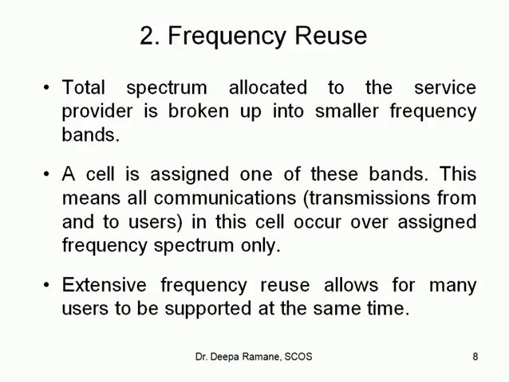Now let us see the second technology, which is called the frequency reuse concept. In this concept, the total spectrum allocated to your service provider is broken into small frequency bands, and each frequency band is given to one particular cell.